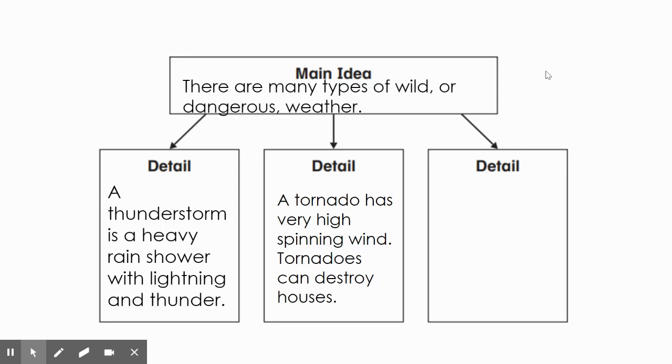So that was the author's main idea, that there are many types of wild or dangerous weather. The author was teaching us or giving us information about 4 different kinds of wild weather. So go ahead and press pause to write down our main idea and press play when you're ready to continue.